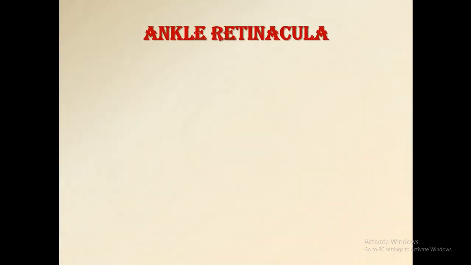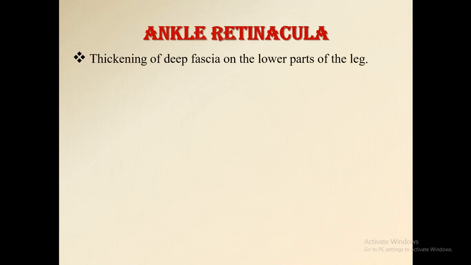We finished the lateral compartment; we take what is called ankle retinacula. As we mentioned previously in the upper limb, around the wrist there is wrist retinacula, also around the ankle there are ankle retinacula, which are in reality thickening of deep fascia at the lower part of the leg.